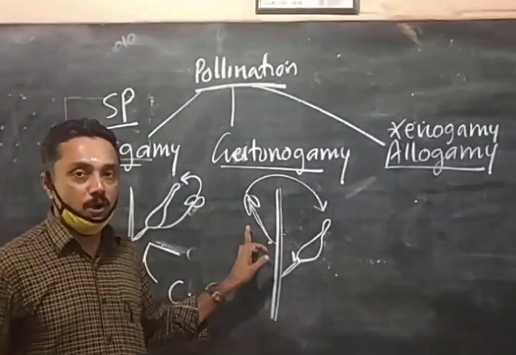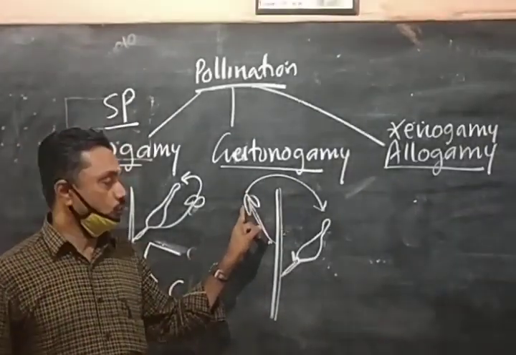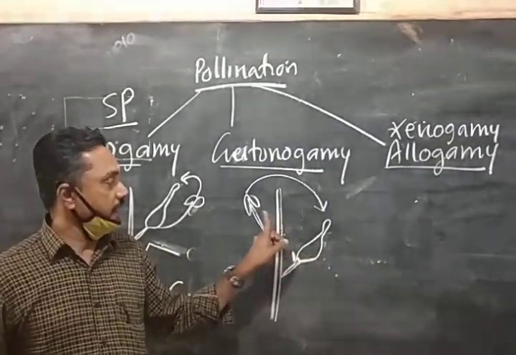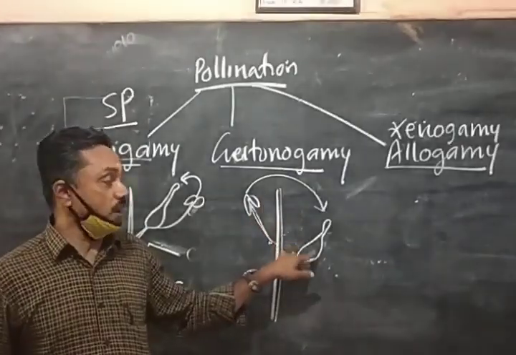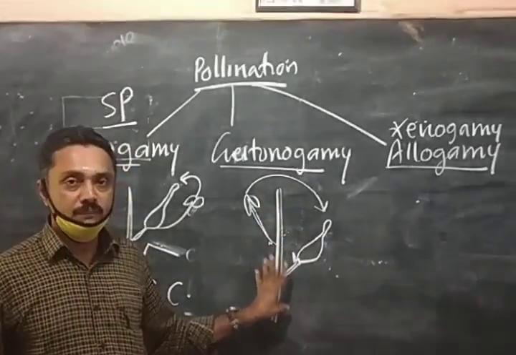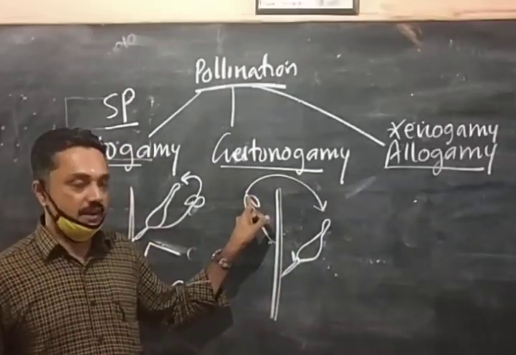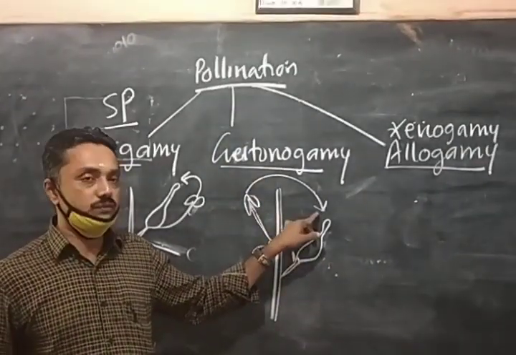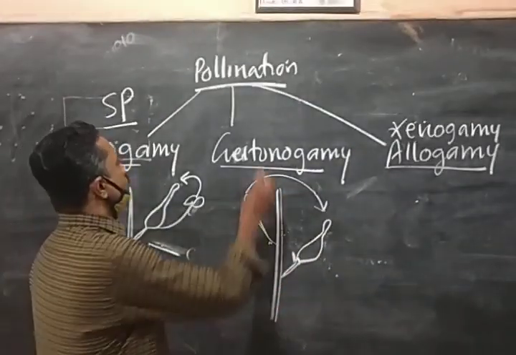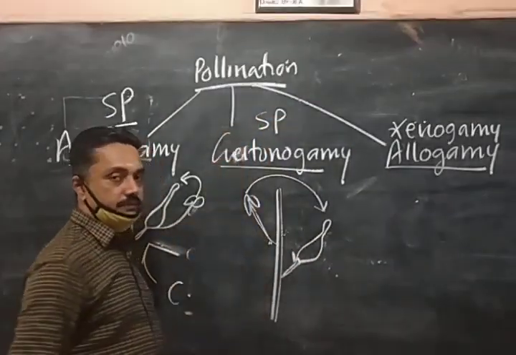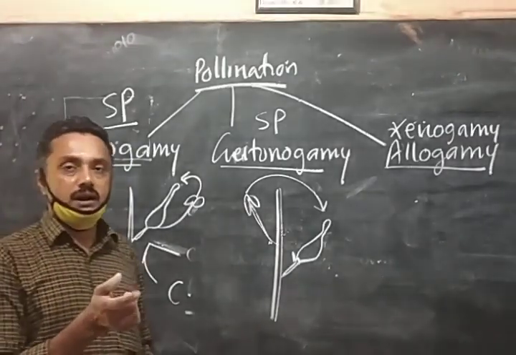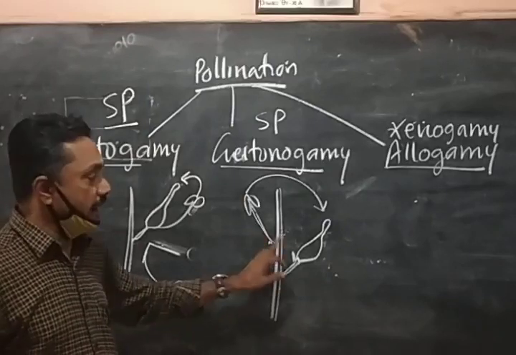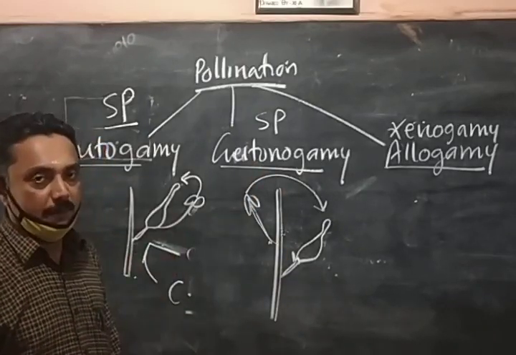In one plant, male flowers are here, female flowers are there, and pollen grains are transferred from one flower to another of the same plant. This is also a type of self-pollination, because one plant is enough for pollination and fertilization. Pollination between neighboring flowers is called geitonogamy.